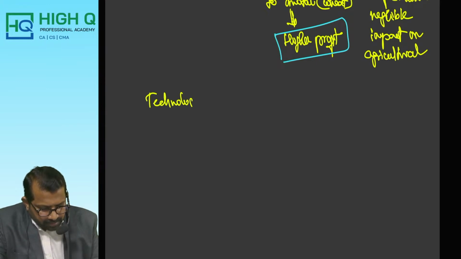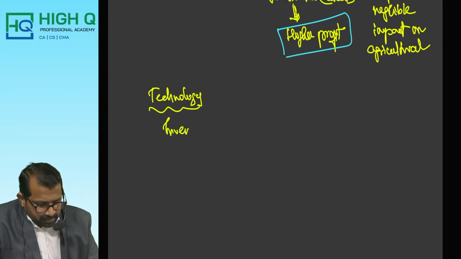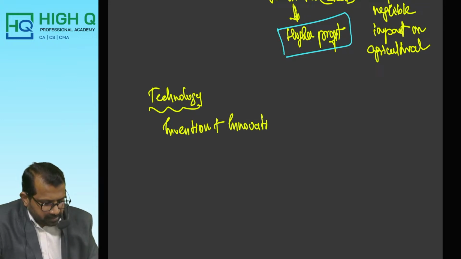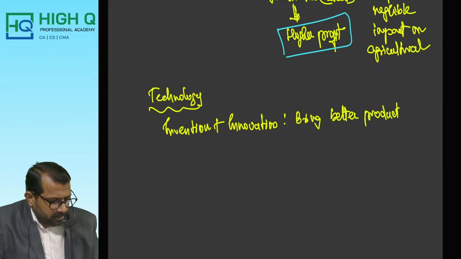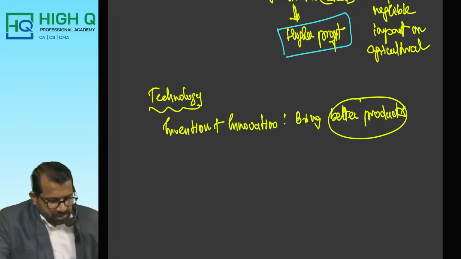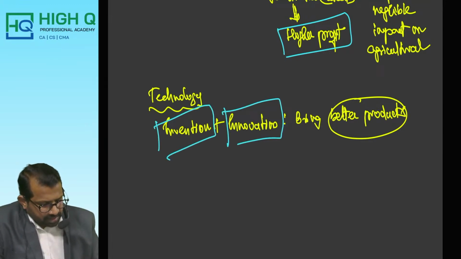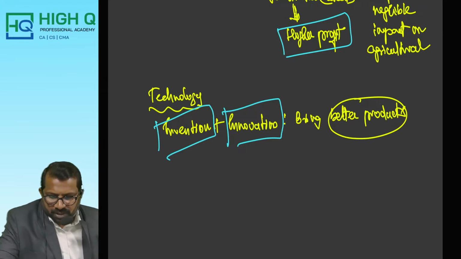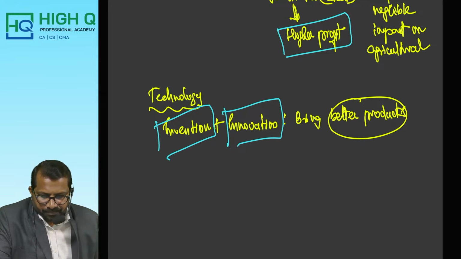Then technology. Invention plus innovation can bring better products. Technology represents two points, one is invention, another one is innovation. Both are very important to bring new products to society.